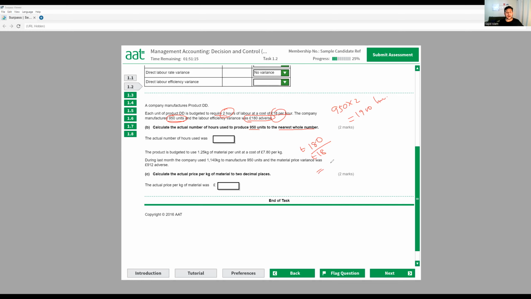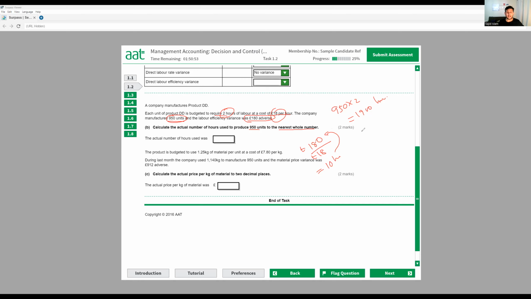Remember, both are pounds. We want the hours, not the value. That's why we're converting the value into hours. So 180 divided by 18 gives me 10 hours. So the value of the 10 hours is basically 180. And the 10 hours we have used is excess, extra, than budgeted.